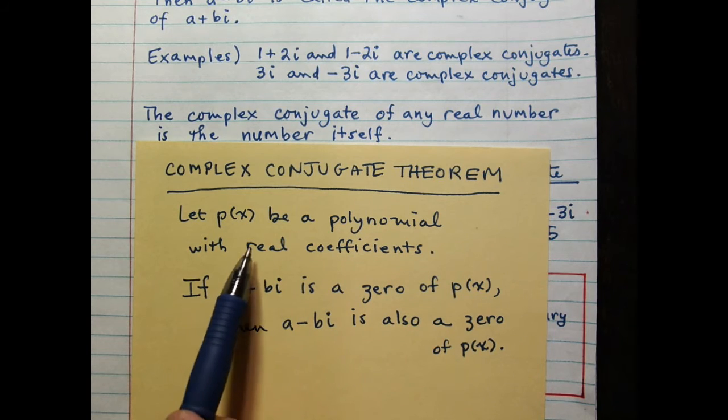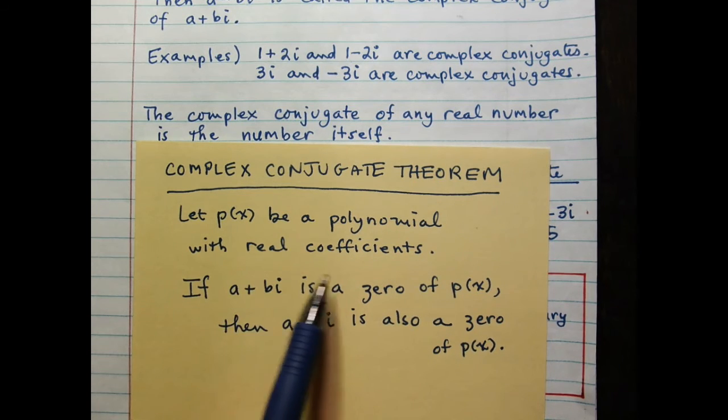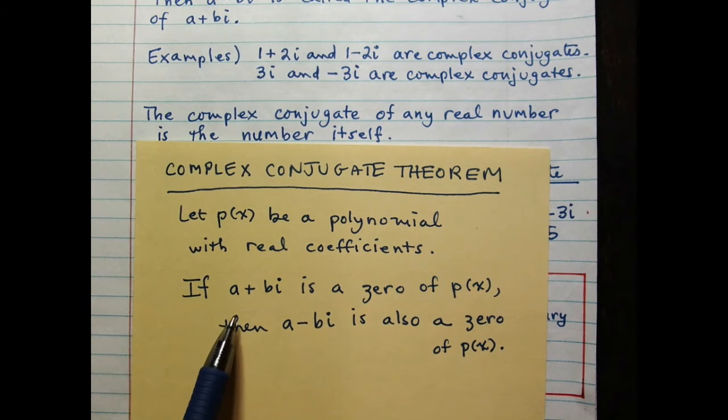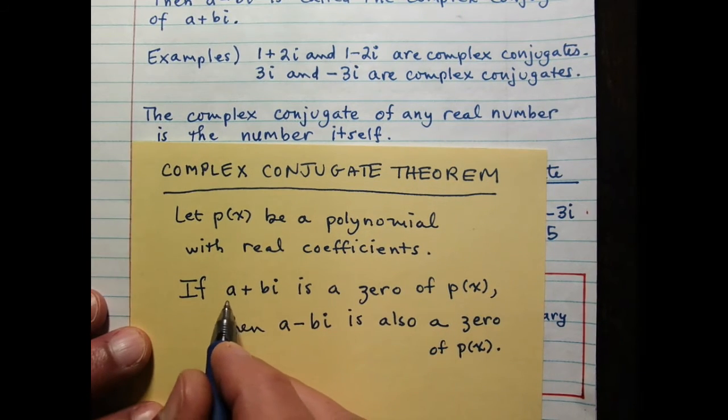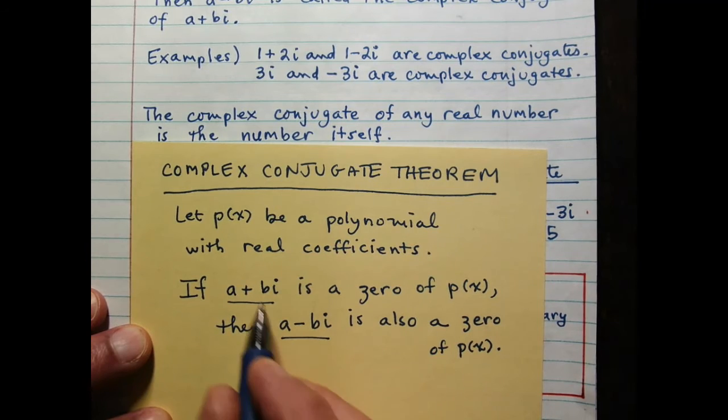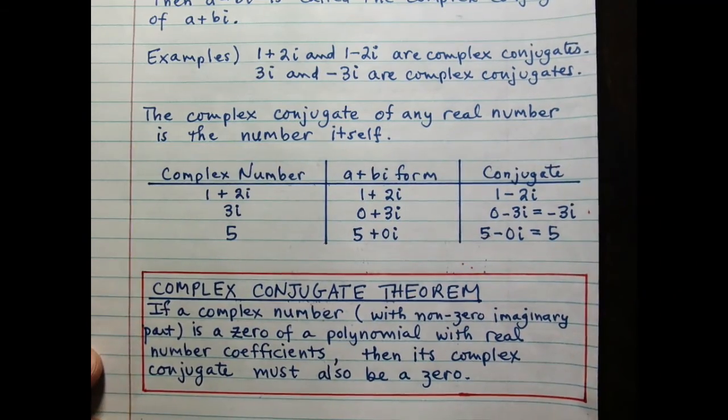Complex conjugate theorem. Let p of x be a polynomial with real coefficients. If a plus bi is a 0 of p of x, then a minus bi is also a 0. We call these complex conjugate pairs, and they always come together as pairs of zeros of a polynomial. You never have one without the other.